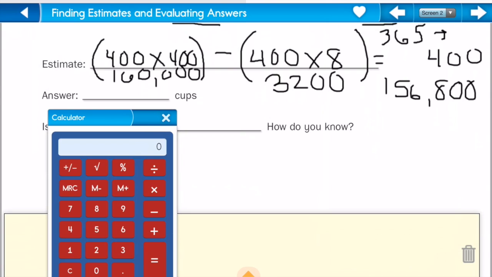Now let's figure out what the real answer is. So we're going to take 400 times 365. That equals 146,000. Subtract the 365 times 8.